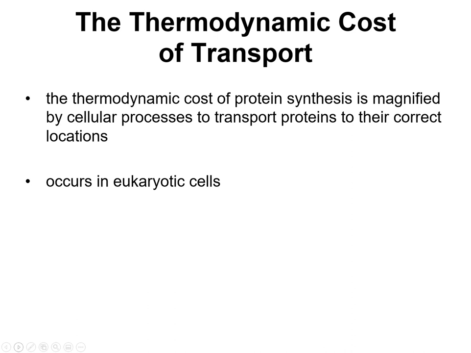So there's a thermodynamic cost of protein synthesis that we then magnify by all of the processes required to transport proteins to their correct locations. This occurs in eukaryotic cells. Bacteria don't really have this problem the same way.